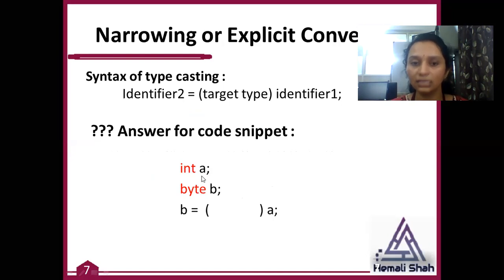Integer a is an integer type of variable, byte b is a byte type of variable, and you want to convert a into b. So automatic typecasting is not possible, so you have to use this syntax. So what should I add here?